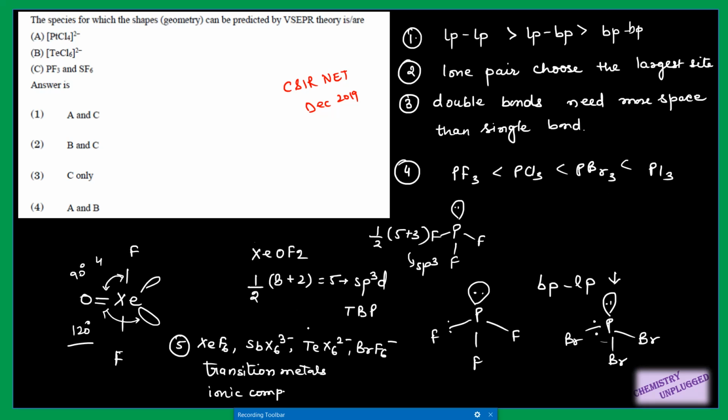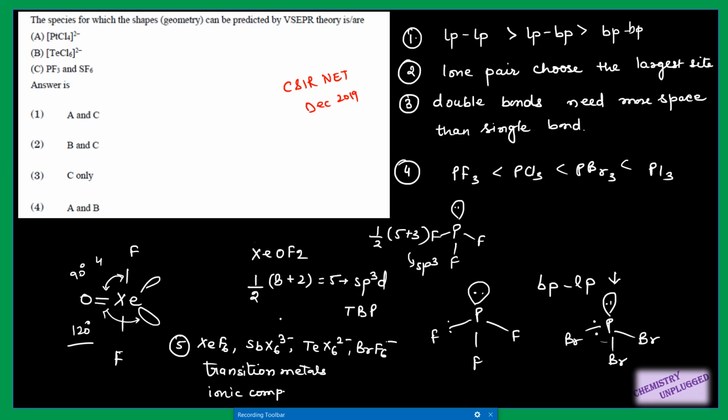The next point is that VSEPR theory also has certain limitations. It cannot predict the structure correctly of compounds like XeF6 and SbX6, where X is a halide: chlorine, fluorine, bromine, iodine. Similarly, for tellurium halides and BrF6 minus, it cannot predict their structures, right?